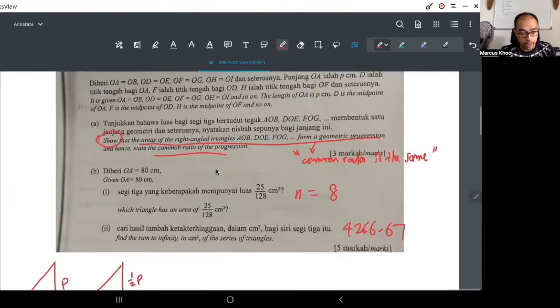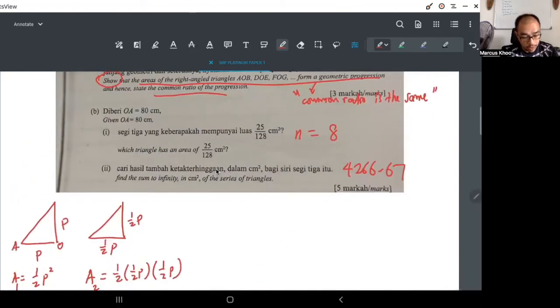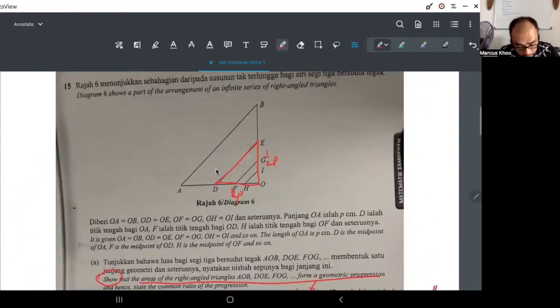AOB. The second one is DOE. The third one is FOG. FOG, this one is half of half.